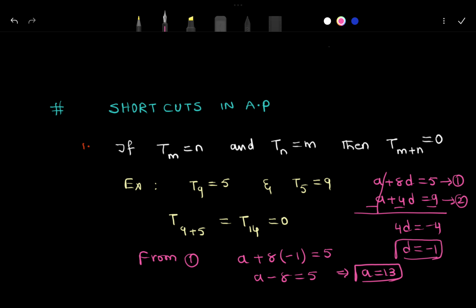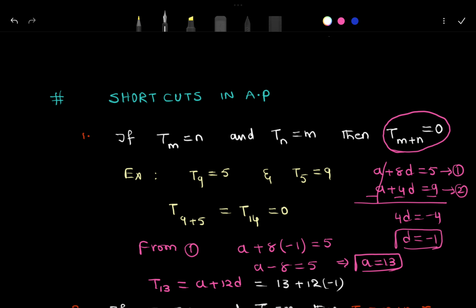Now according to the question, you have to prove that the (m plus n)th term is equal to 0. So what is the (m plus n)th term? 13th term, T13, would be A plus 12D. Please cross check this value once again.